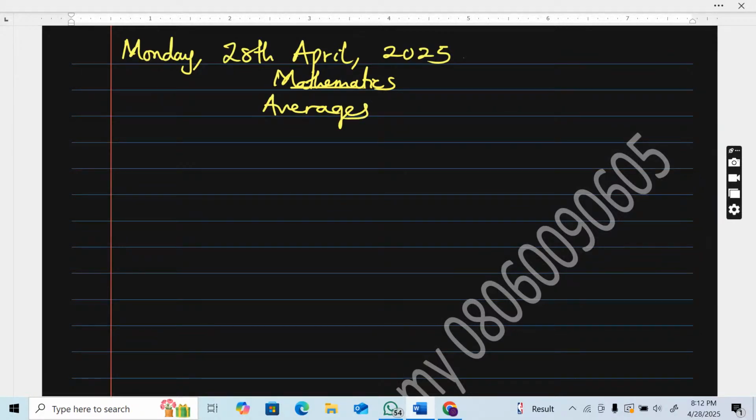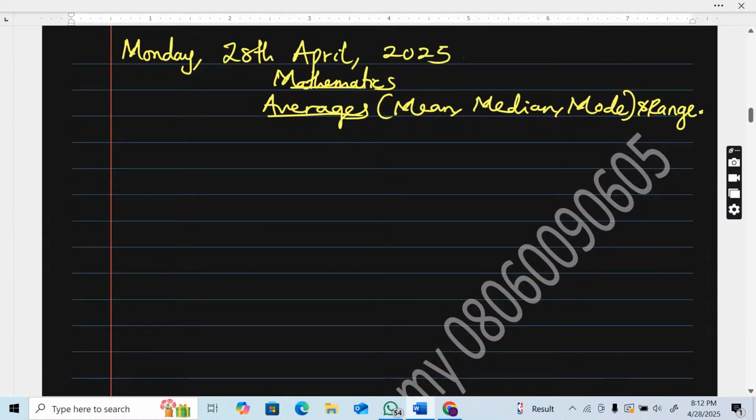They are mean, median, mode. We'll also be talking about range: mean, median, mode, and range.